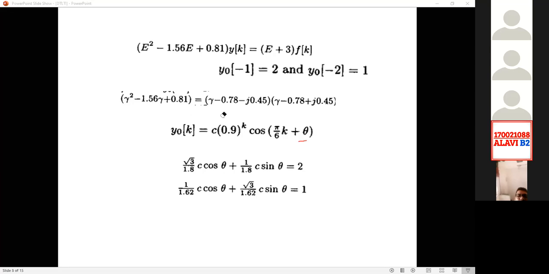Although in our case, the negative real part is not the matter, what matters is that the magnitude should be less than 1, isn't it? Yes, sir. So in this case, you see it is less than 1. As it is less than 1, for any value of k, this quantity 0.09 to the power k cannot be greater than 1.